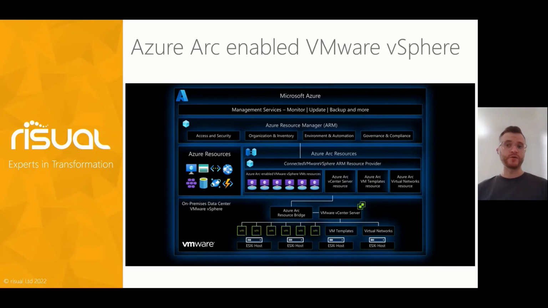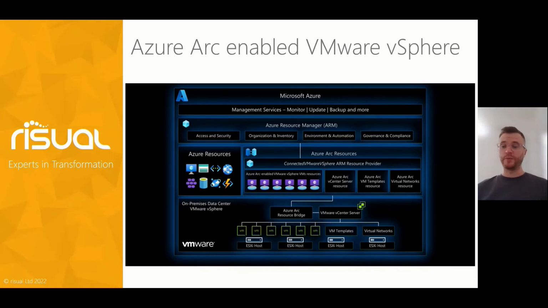Azure Arc-enabled VMware vSphere, which again is in preview, extends Azure governance and management capabilities to VMware vSphere infrastructure. You get a consistent management experience across Azure and VMware vSphere. It allows you to perform various VMware VM lifecycle operations directly from Azure, such as create, start and stop, resize, and delete.